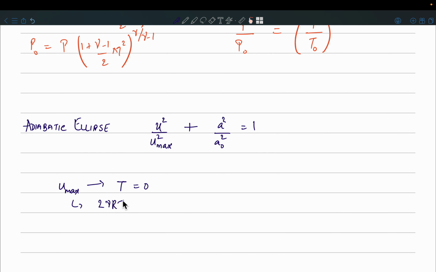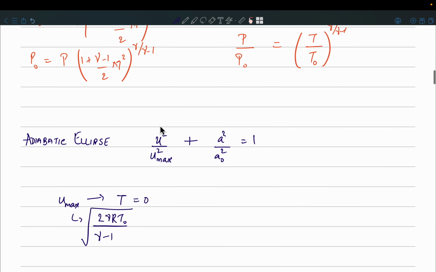It is 2 gamma r T naught by gamma minus 1, and the derivation is very simple because you just have to put T equal to 0 in your equation. So you have this equation, T naught is equal to T plus gamma minus 1 by 2 gamma r u square. So you can get, if T is 0, u max, and T naught is the stagnation temperature of the gas. Okay.